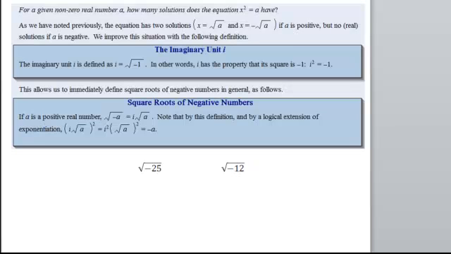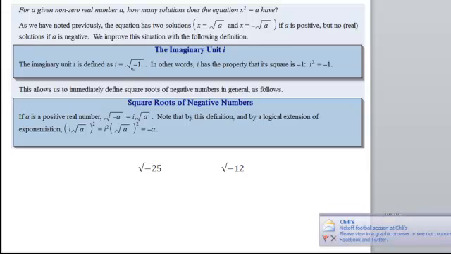So just a few little definitions. First thing, I want you to notice the difference between where the negative signs are located, whether it would be outside a square root or under a square root. If you have a negative number underneath the square root, that means you're going to have an imaginary number.